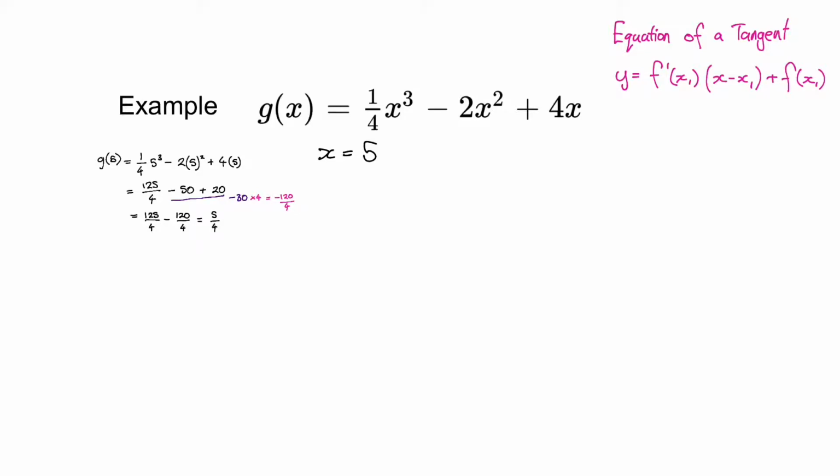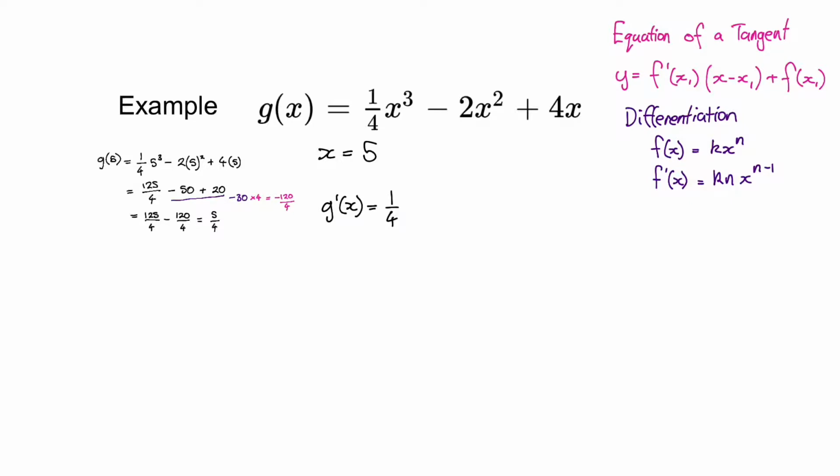Now, because we've only got polynomials in the function, we can use our differentiation rule. So when our function is in the form of kx to the n, we can use our differentiation of our derivative f prime of x. It's equal to kn x to the n minus 1. Now we just need to find the derivative, so our g prime of x. Well, that's going to give us 1 over 4.